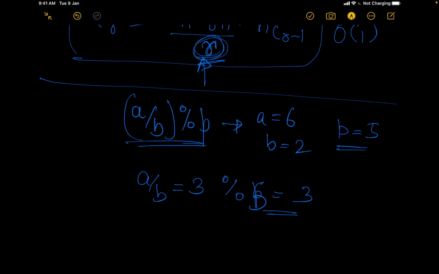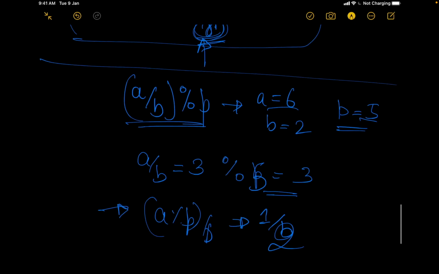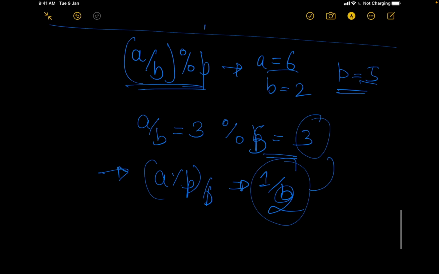Now what if we do the modulus operation first and then try division? Then it will become a modulo p divided by b. A modulo p is 6 modulo 5, which is 1, and we divide by b, that is 2. So now it's 1 by 2. These two terms are not the same, and hence we can't operate like this.